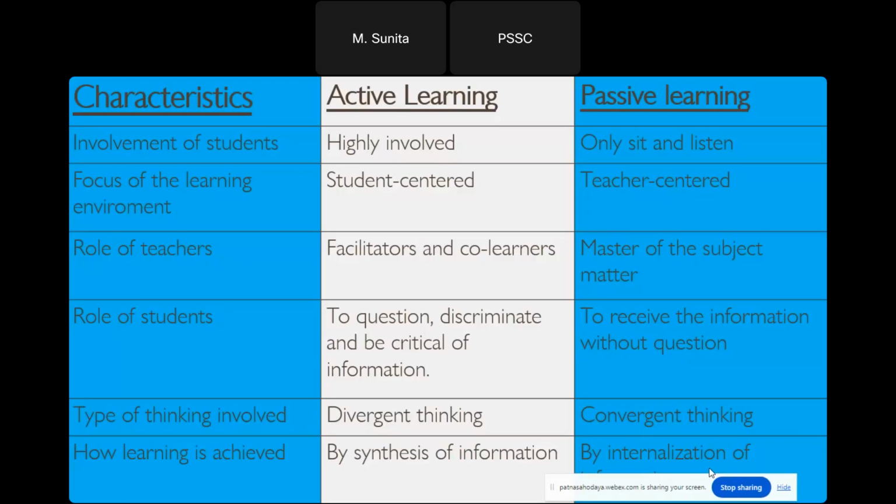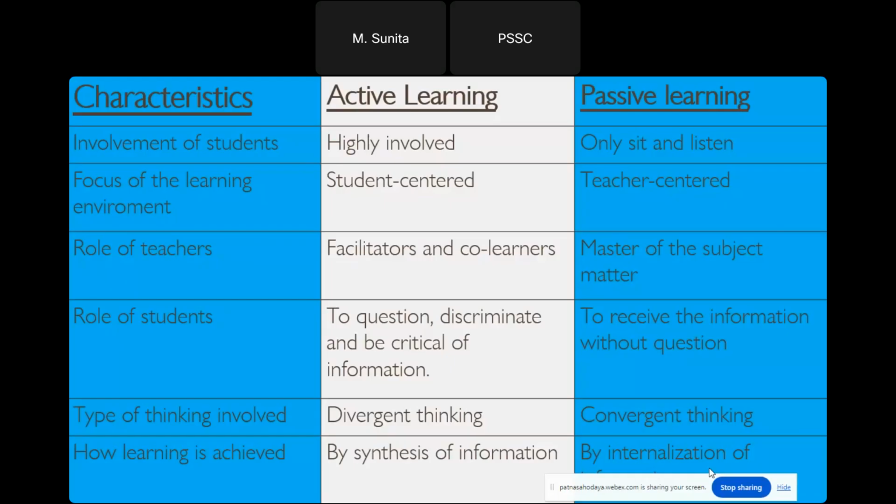The role of students in active learning: they question, they discriminate, and are critical of the information. In passive learning, the role of the student is to receive the information, only receiving it without any question.